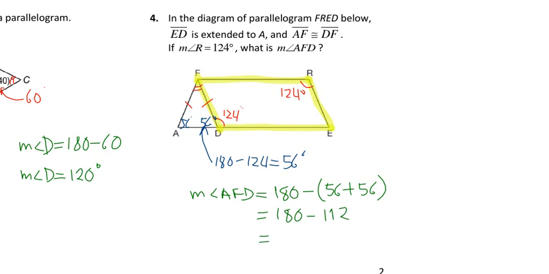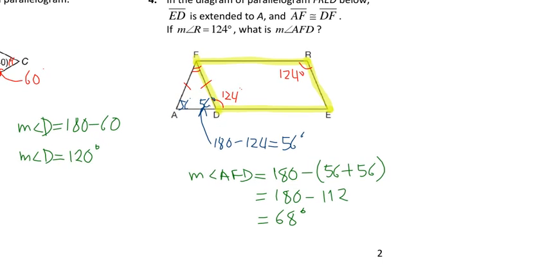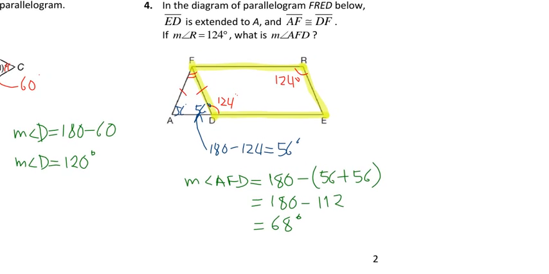So 180 minus 112 is 68 degrees, and that will be the answer that we're looking for. The measure of angle AFD is 68 degrees.